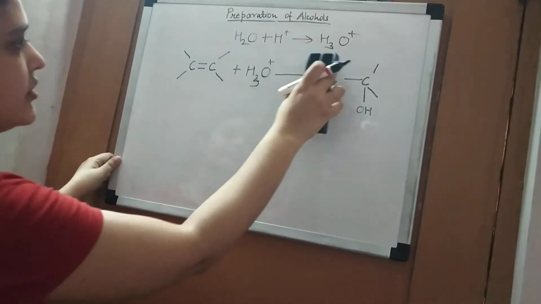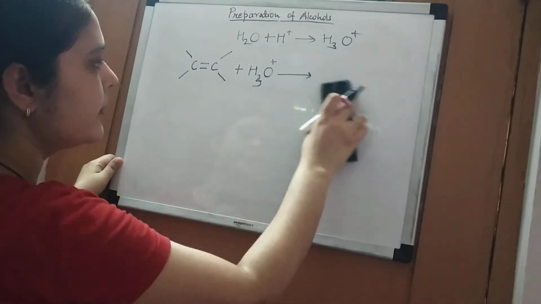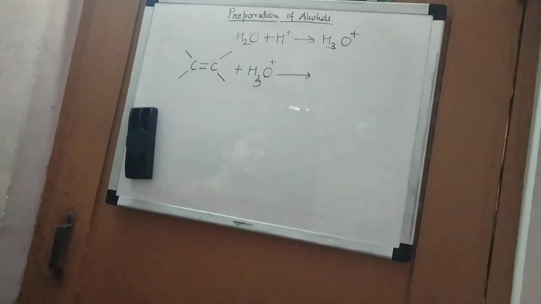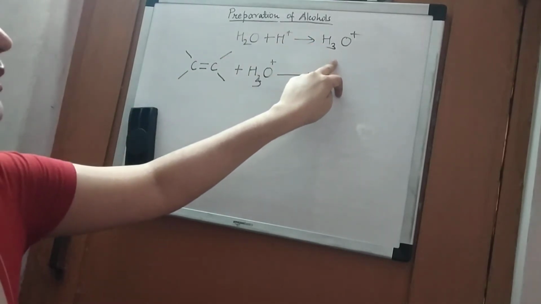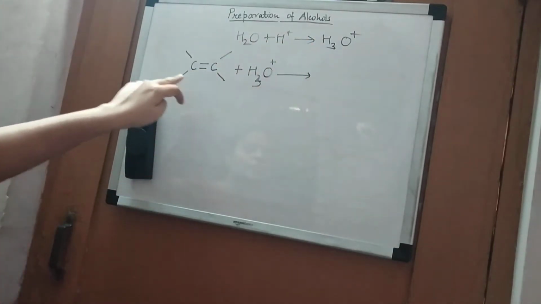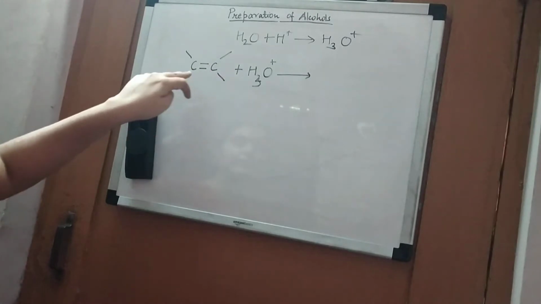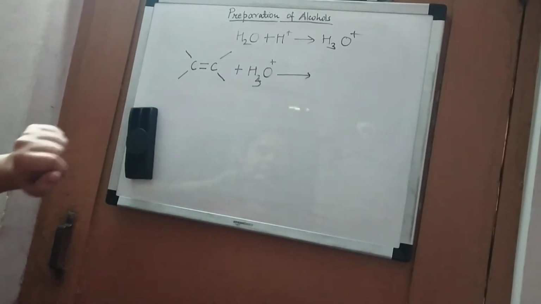So first, when you add acid to the water, you get H3O plus. Now when this H3O plus attacks this, what happens?